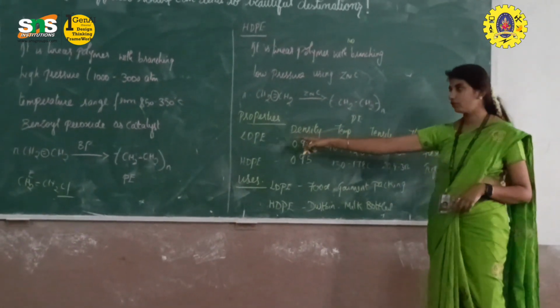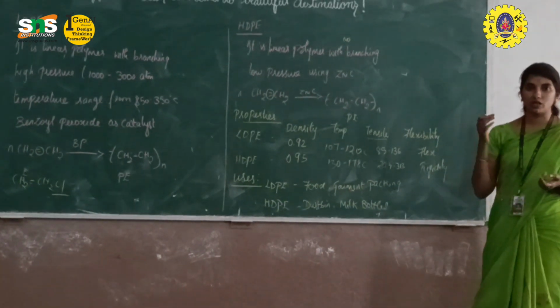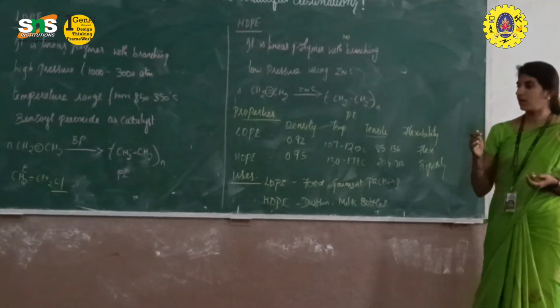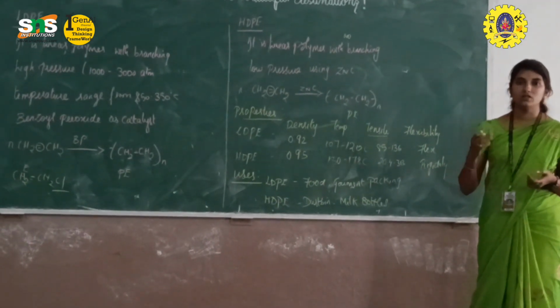And for flexibility, LDPE is more flexible, which helps it form the polymers, and the other, HDPE, has more rigidity to form the polyethylene structures.